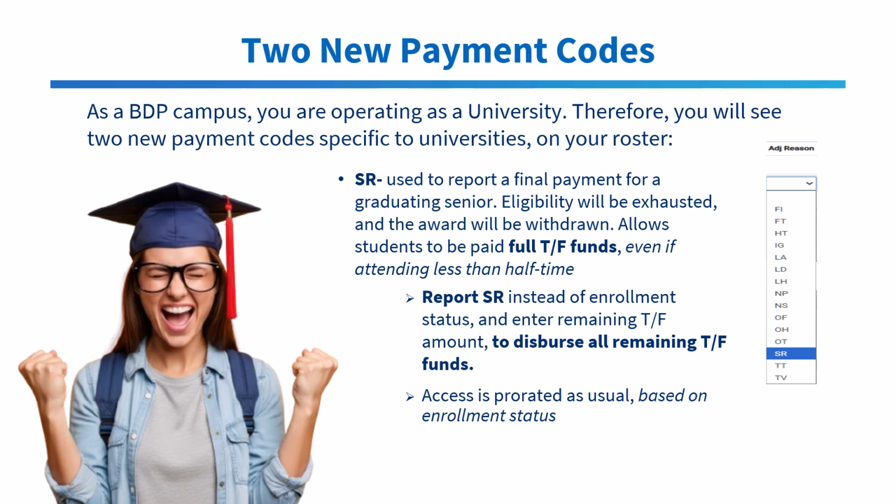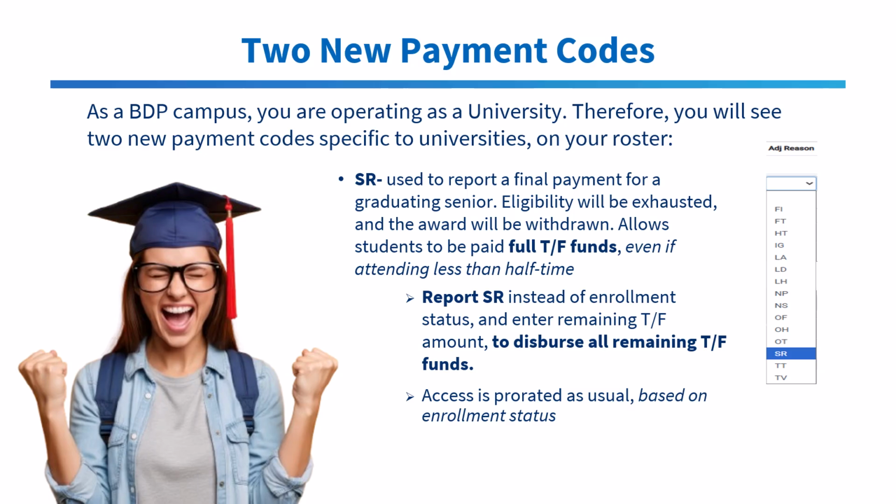As a BDP campus, you're operating as a university. Therefore, you'll see two new payment codes specific to universities on your roster. SR, or Senior, is an adjustment reason code and is used to post the final payment for a graduating senior.